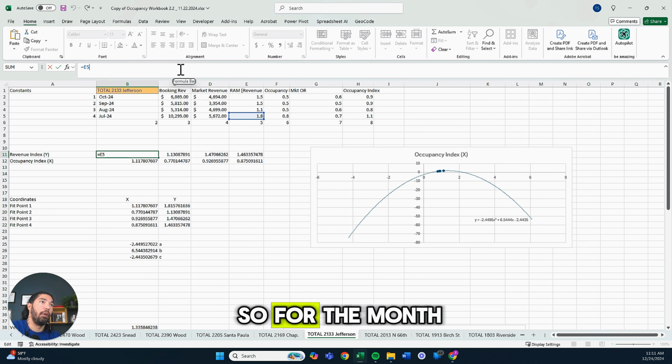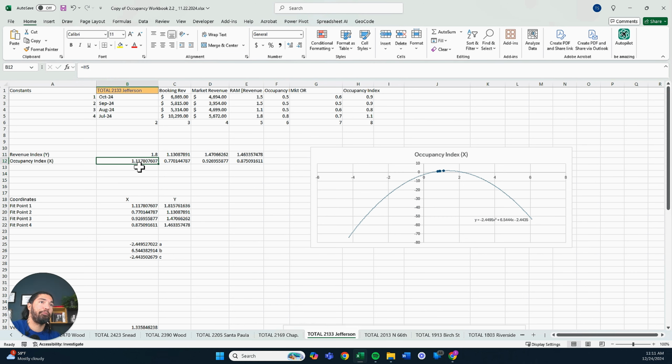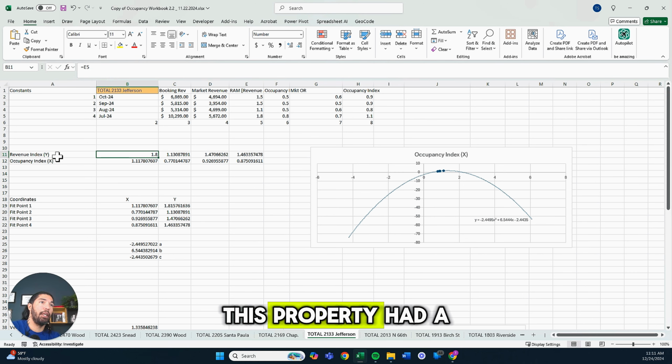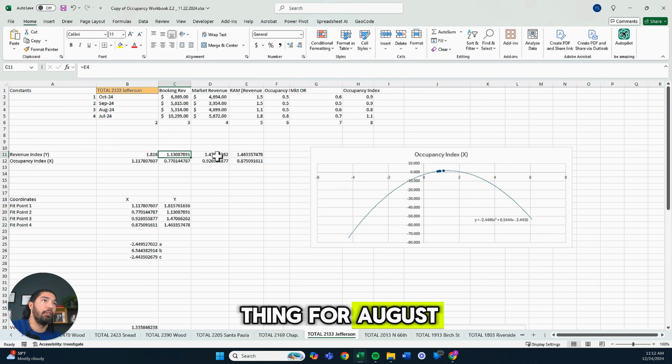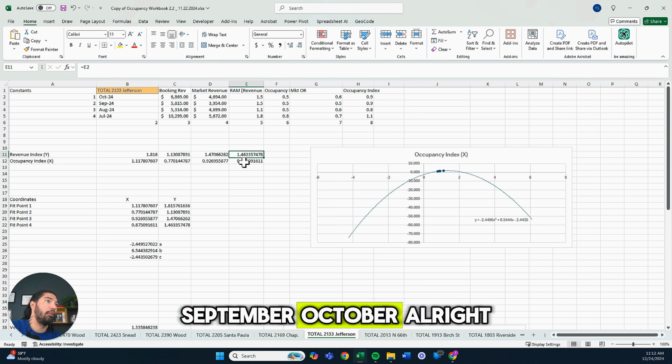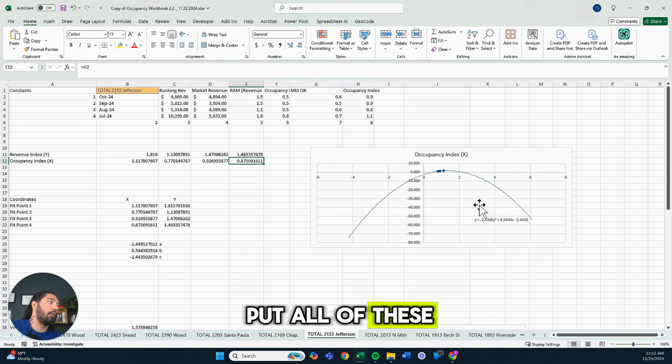So for the month of July, this property had a 1.8 revenue index, or RAM, and its MPI was 1.11, all right? We have the same thing for August, September, October, all right? And so now we've put all of these onto a scatter plot.